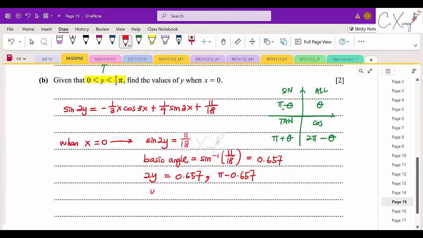Then, of course, our final answer must be y. Divide all your answers here by 2. Then, if you simplify it, you will get 0.329 in 3 significant figures. Another value will be 1.24 in 3 significant figures.